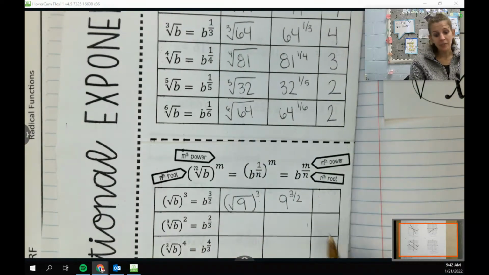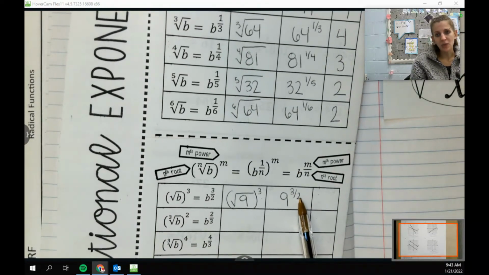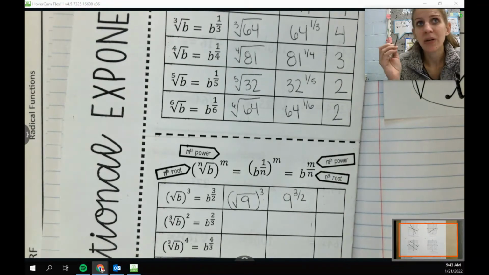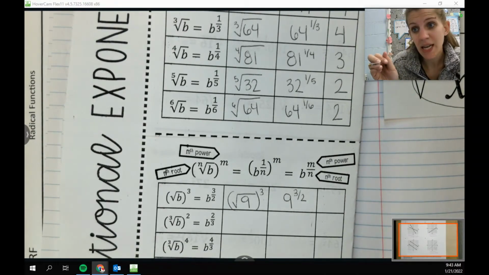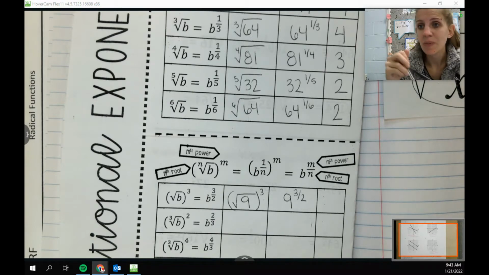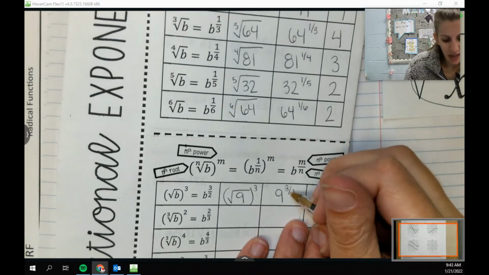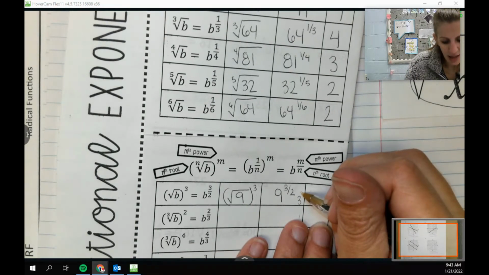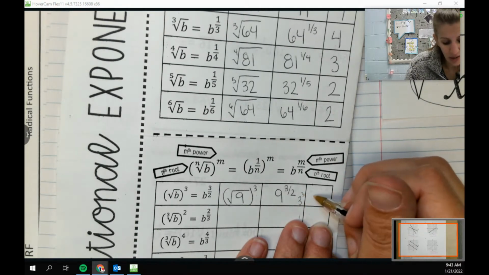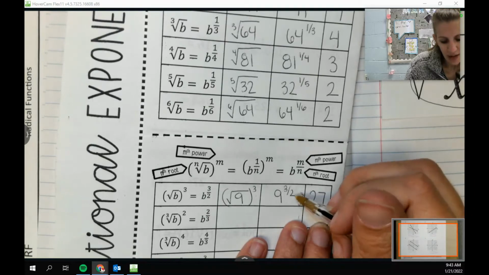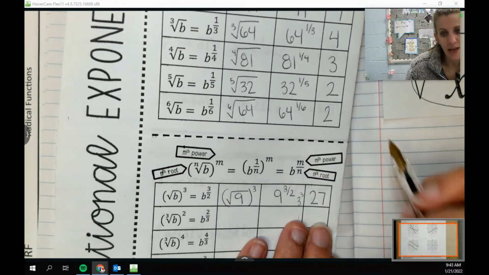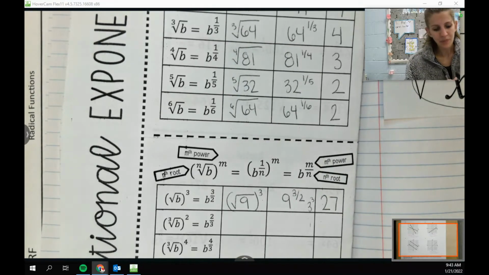But in my brain, I'm just thinking about how I'm taking the square root, and taking a root is always better to do first. Like if you can take the root, you should try to do it because the root will make you smaller. Then you can raise it to the power. So taking the square root of 9 is 3, and then 3 to the 3rd is 27. So it's like I did the square root and then I raised it to the power.